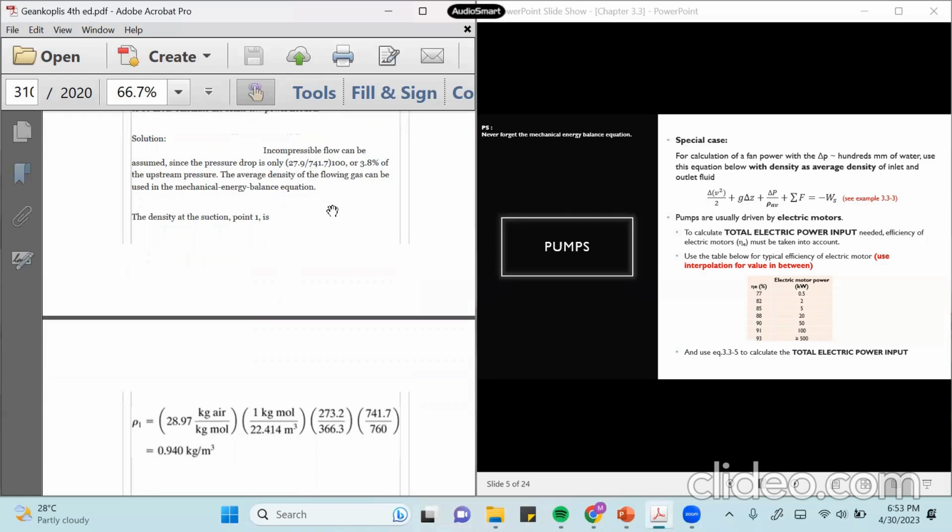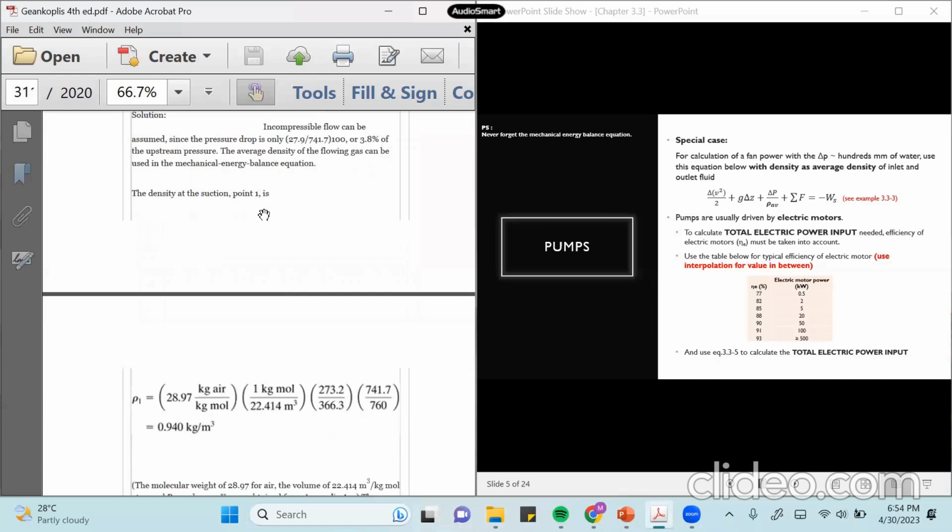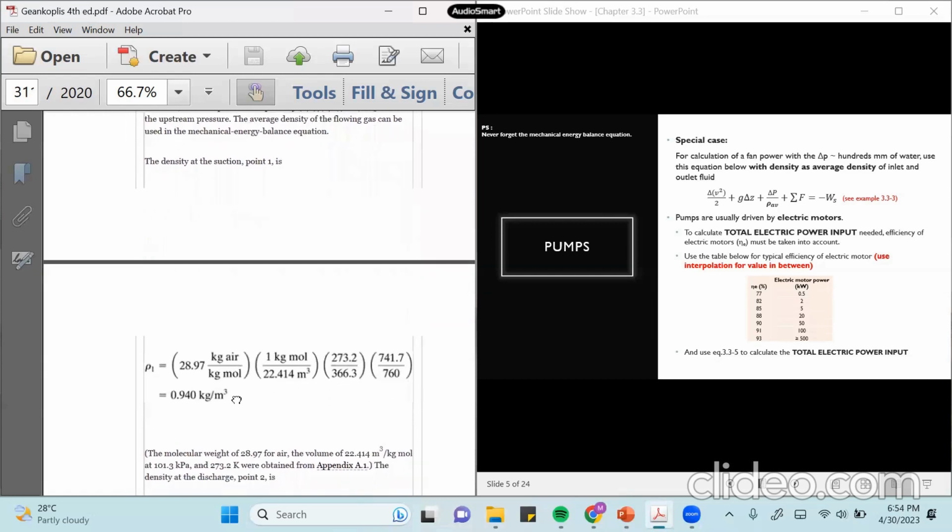The inlet and the outlet will have different densities, even though maybe not differing too much. So we can calculate the density at the first point, the inlet or suction point, using this equation. So it's 0.94.